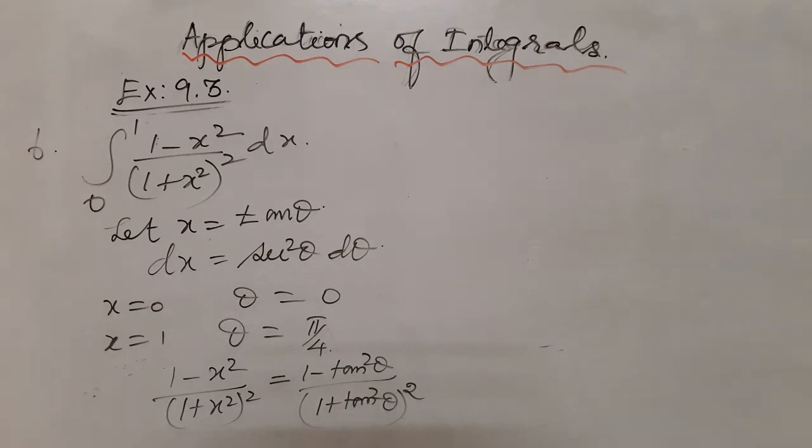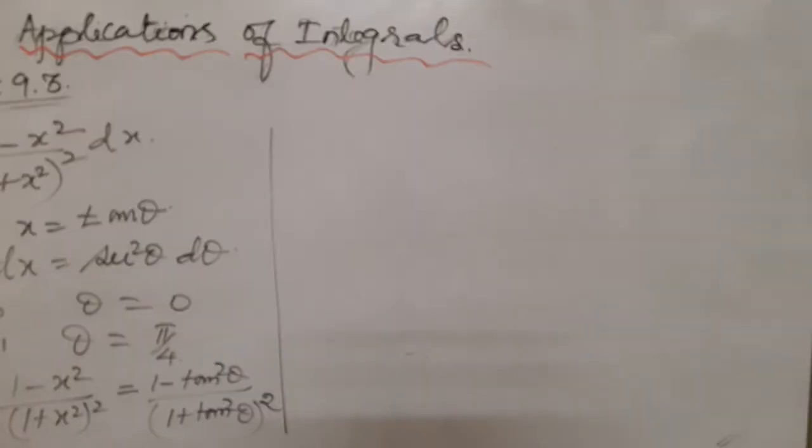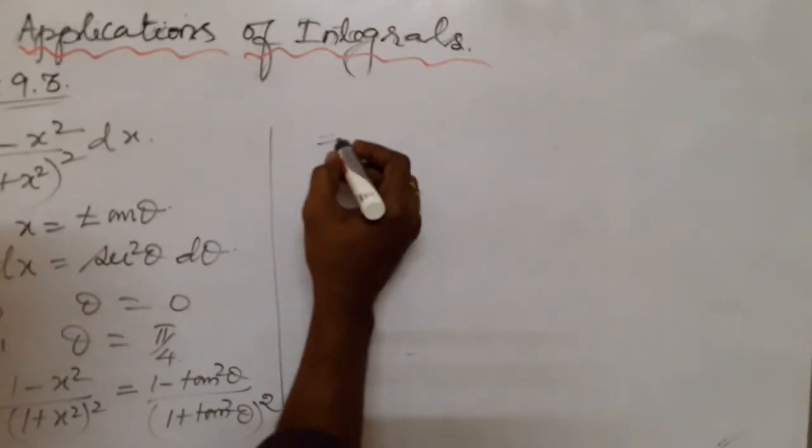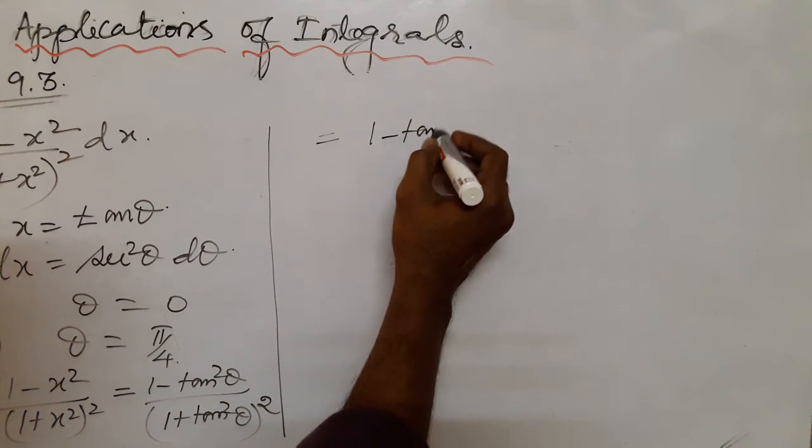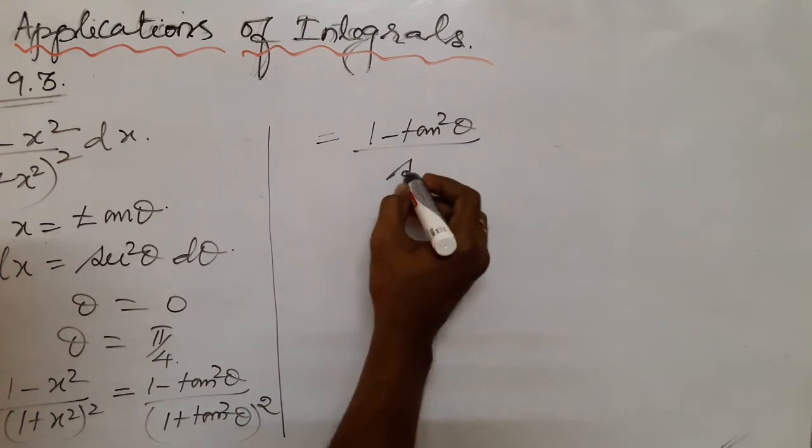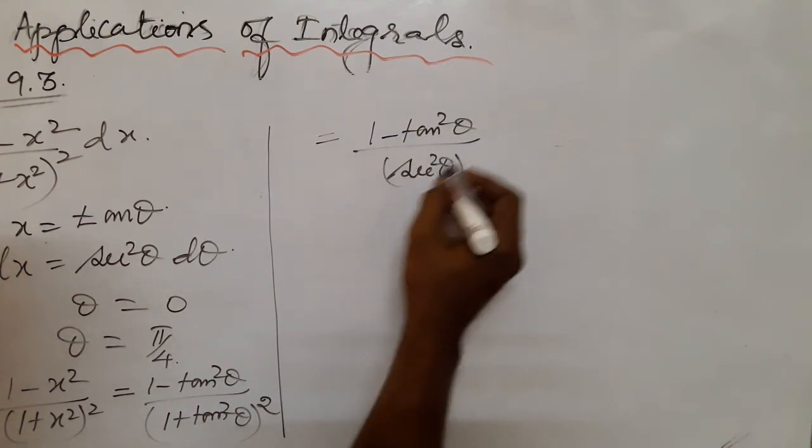So 1 plus tan square theta is nothing but secant square theta. So 1 minus tan square theta by secant square theta the whole square.